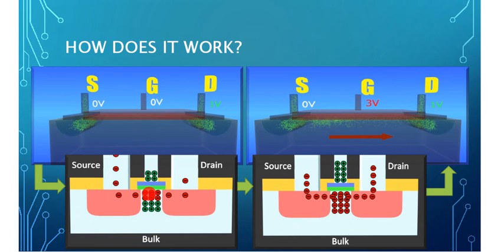So you have electrons that build up, and that allows your electrons to start flowing. As you continue to apply voltage, you build up what's known as an inversion layer, and you pass what's known as a threshold voltage, which allows the electrons to keep moving more and more. And you can see in this picture that the electrons are moving from the left to the right, from the source to the drain.